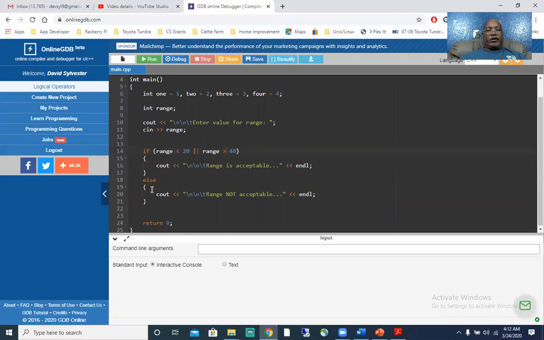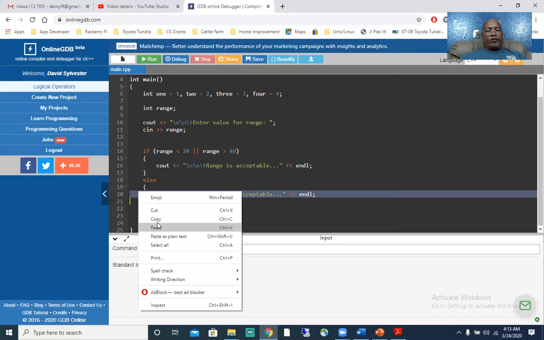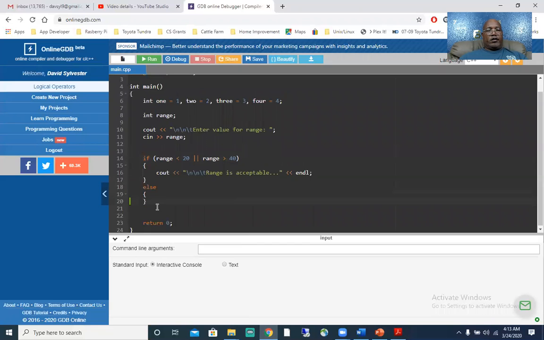All right. So what happens is now I have to change this because if it's less than 20 and it's greater than 40, then I'm going to say it's not acceptable. Because I'm trying to find the values that are outside the range. So I'm going to cut this and paste this here.